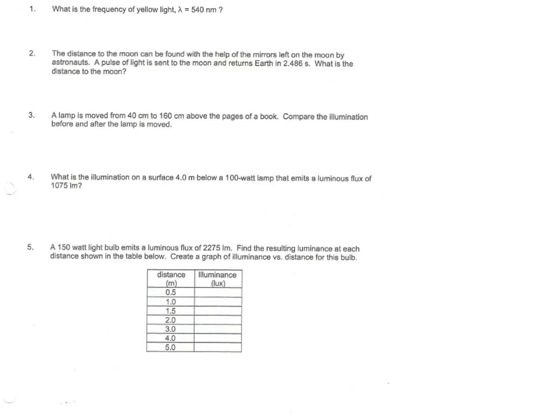We need to take the radius that's 4 meters and convert that over to feet. We also need to take the 1075 luminous flux and convert that to candela. The way we do that is you take your luminous flux divided by 4 pi. That will give us the candela.